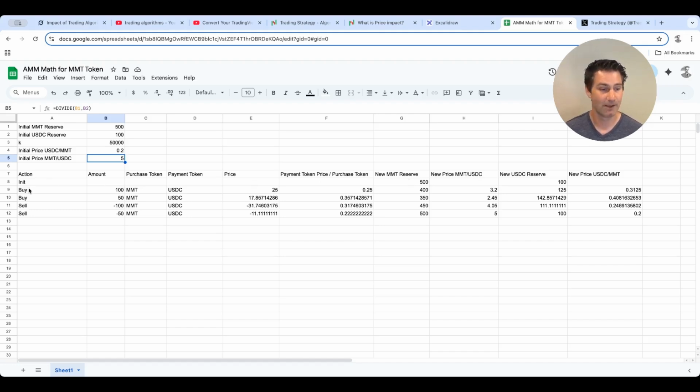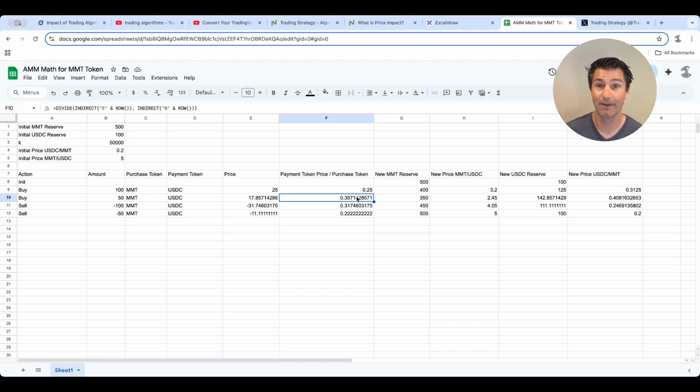If we do that first buy of 100 MMT, we see that the price is 25, and the new price is 3.2 and 0.3125. Now we do another buy of 50 MMT. The price would be 17.857 total. So again, that would be 0.357 USDC.